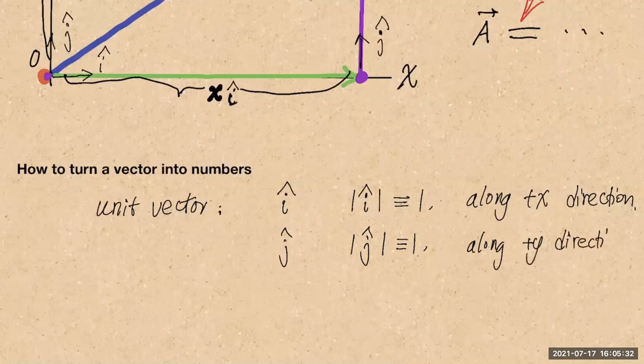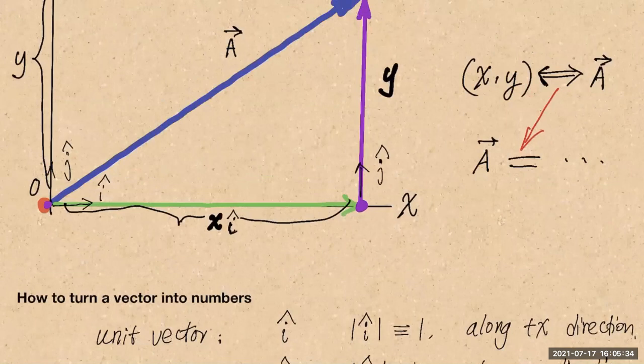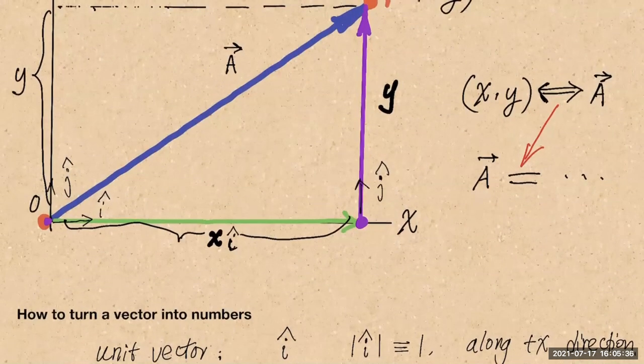And if you do that, then I can easily express the purple vector as y times j, because the purple vector has the same direction as j, except it's y times as long. All right, so now we have successfully broken this vector A into two simpler vectors, xi and yj.